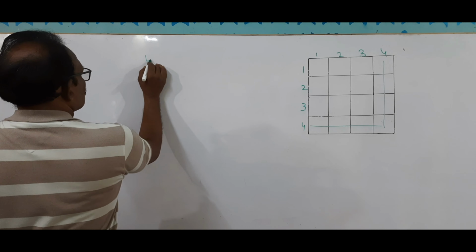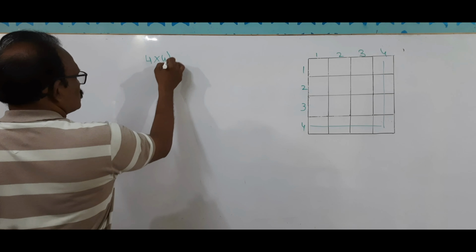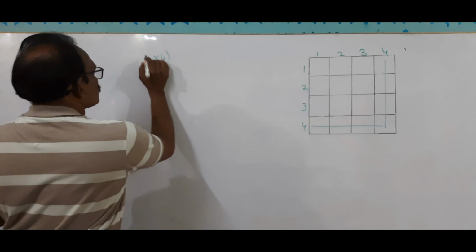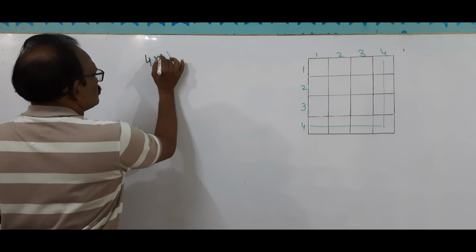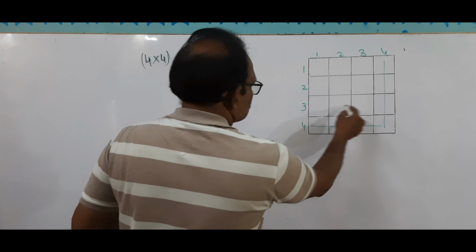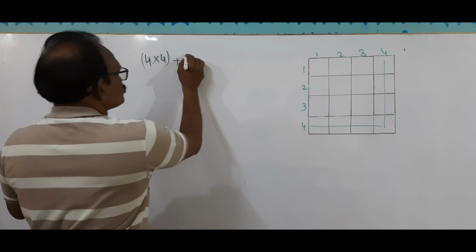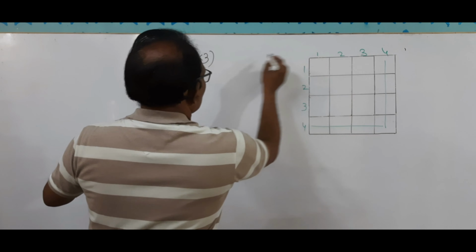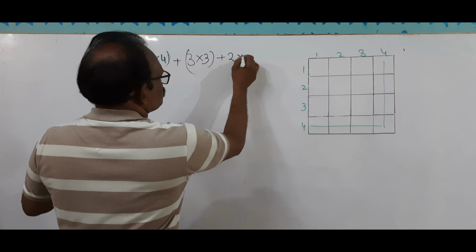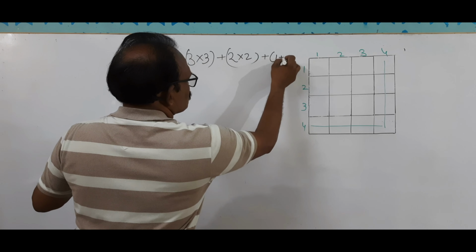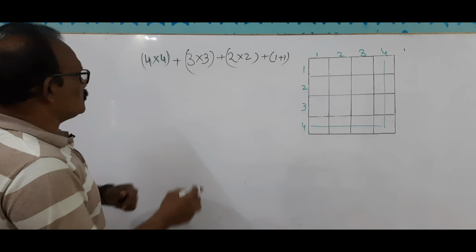Here I am writing 4 into 4, plus now this 3 into 3, plus 2 into 2, and here 1 into 1. That's all. You simply multiply it.